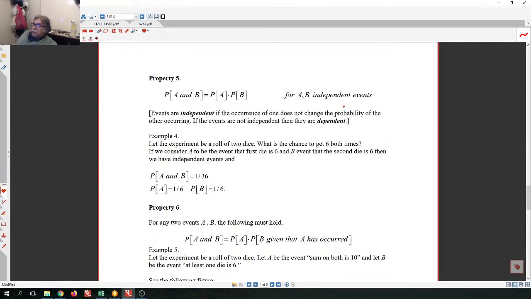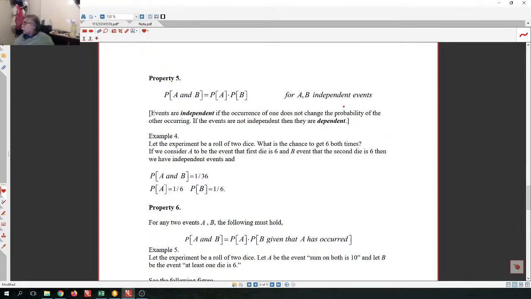So, for example, if I roll a die, the first roll I could have anything between 1 and 6, and then I roll the second time. I could have again anything in between 1 and 6. Whatever happened on the first roll doesn't have any impact on the second roll. It won't change anything, right? So those two events are independent.